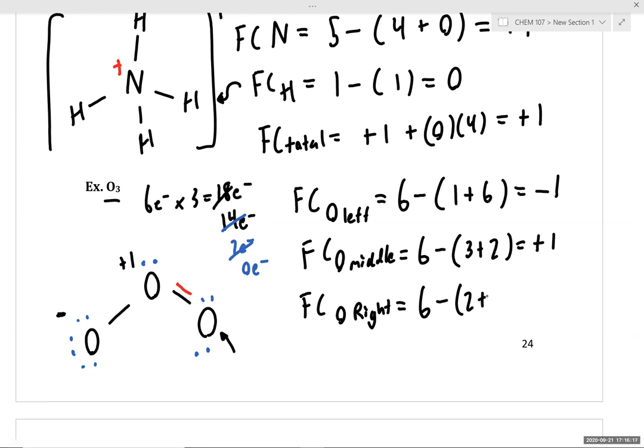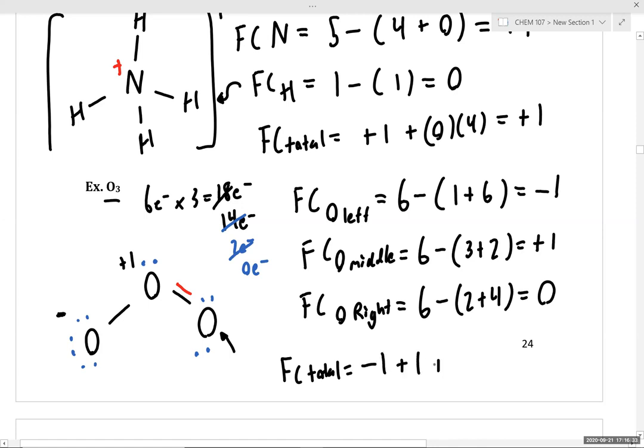How many dots? We see 4 lone pair electrons on the rightmost oxygen, and that gives us a formal charge of 0. As we can see, our total formal charge of all of our atoms is equal to 0, which matches our overall charge of 0.